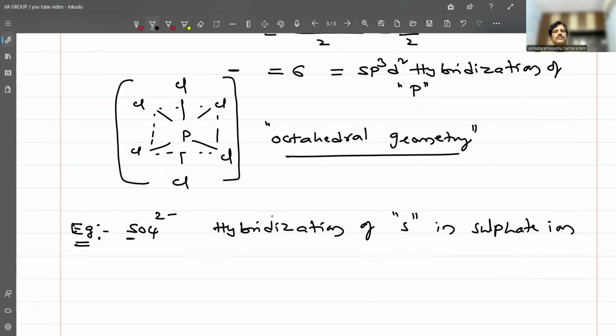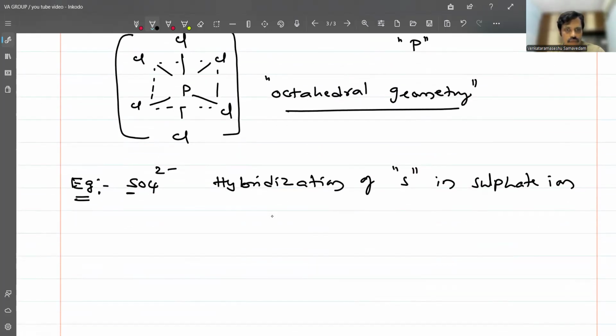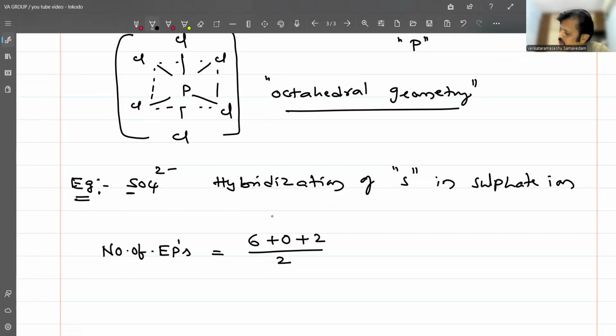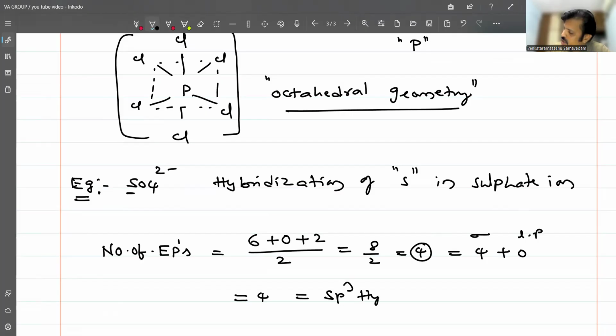Here sulfur is the central atom, oxygen is a divalent species, therefore there are no monovalent atoms here. So we have to find the number of electron pairs first: group number 6, monovalent atoms 0, plus the charge magnitude of the anion 2, divided by 2. Then I get 8 by 2, which is equal to 4. Surrounding atoms are 4, lone pairs 0, therefore sigma bonds are 4 and lone pairs 0. Finally you get 4, which is sp3 hybridization of sulfur.